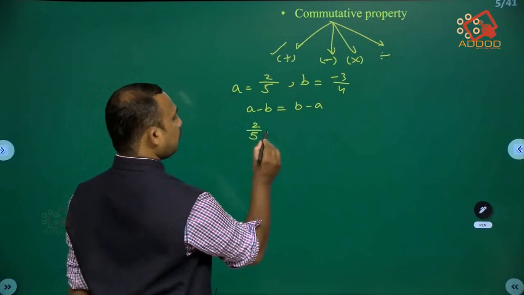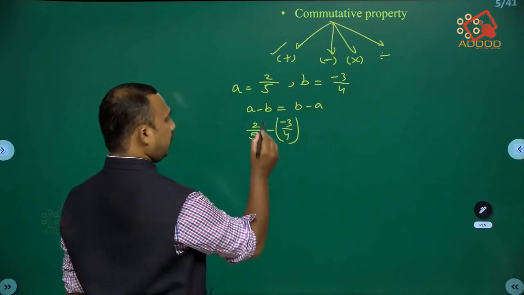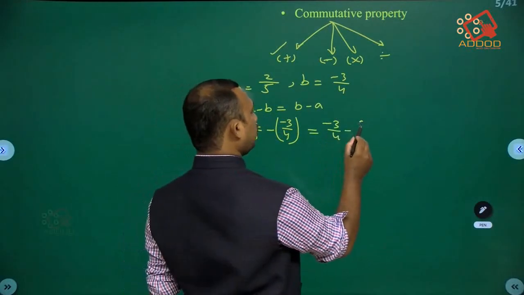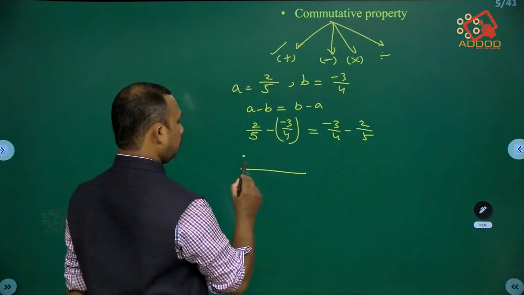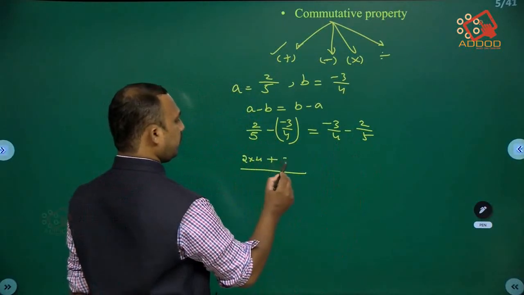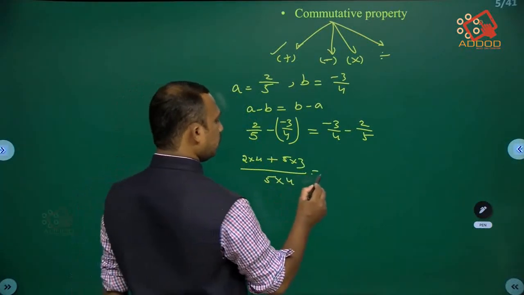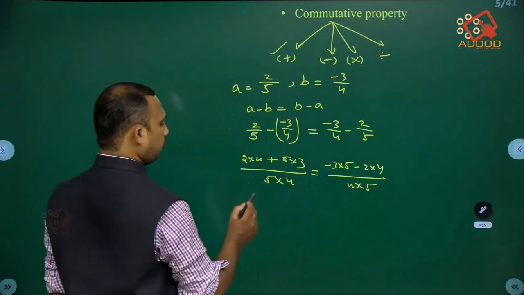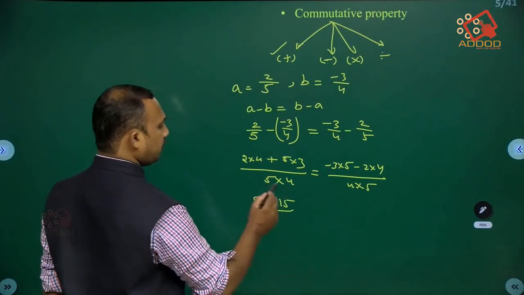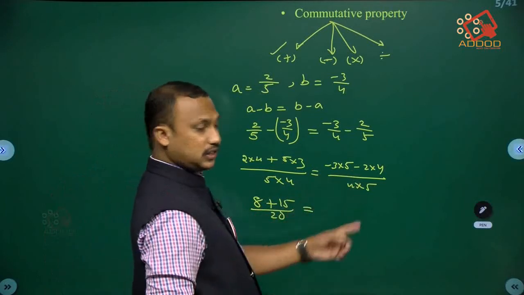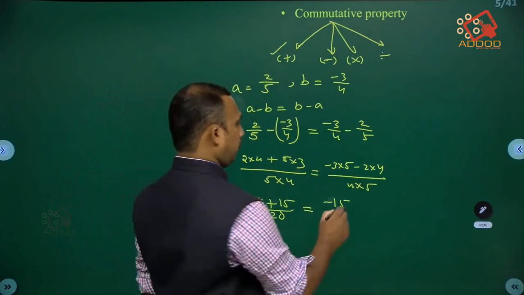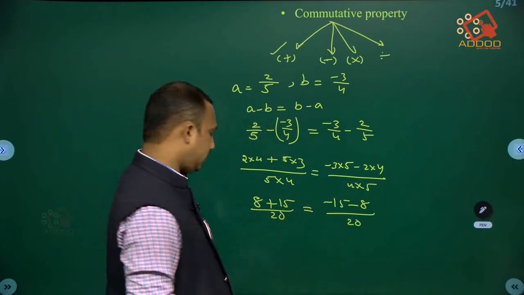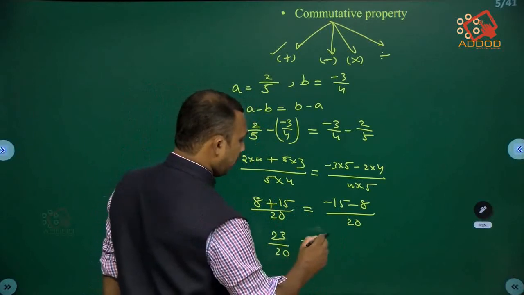So 2 by 5 minus minus 3 by 4 equals minus 3 by 4 minus 2 by 5. 2 into 4 minus into minus plus 5 into 3 by 5 into 4 equals minus 3 into 5 minus 2 into 4 by 4 into 5. 2 4s are 8 plus 5 3s are 15 by 5 4s are 20 equals minus 3 5s are 15 minus 2 4s are 8 by 20. 8 plus 15 is 23. 23 by 20 and minus 23 by 20.